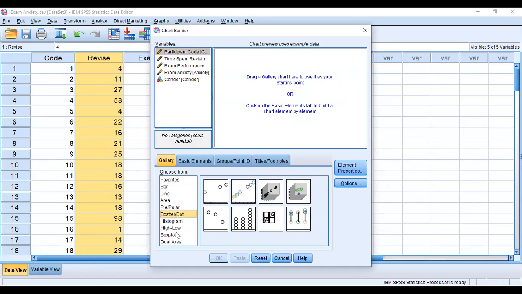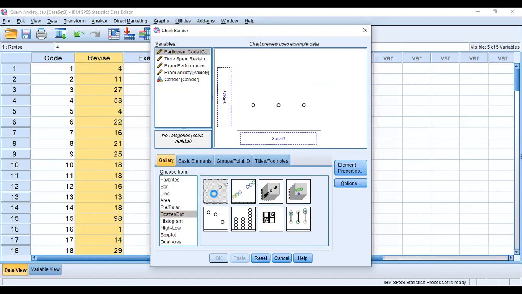First of all, I want to make only a simple diagram. There are a large number of scatter diagrams: grouped scatter, 3D, summary point, simple dot, scatterplot matrix, drop line. So we need only simple.